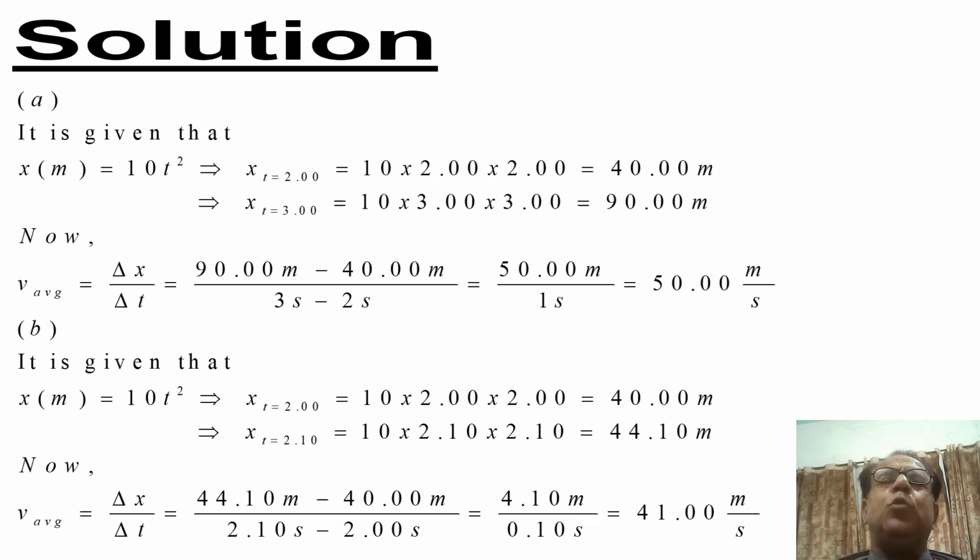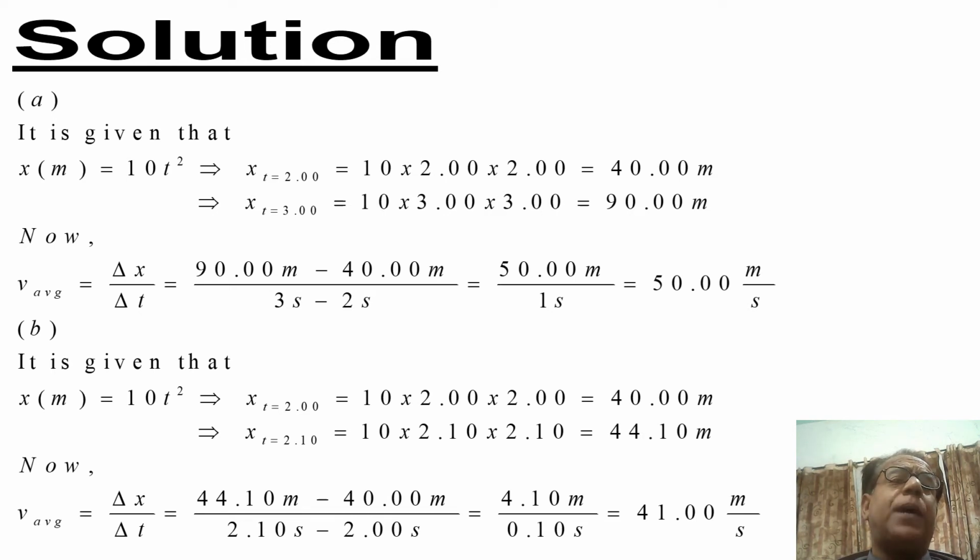There is almost no difference between last two steps. The only difference is that in the second last step we have written 1 in the denominator, while in the last step we have simply written it as 50.00 meter per second.